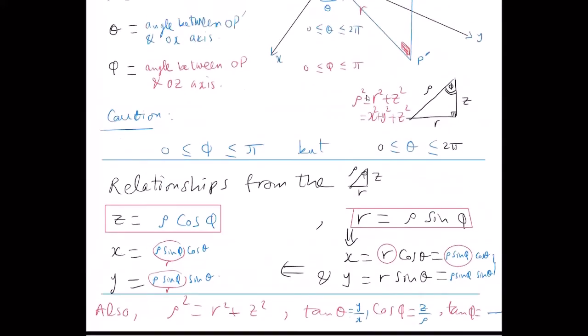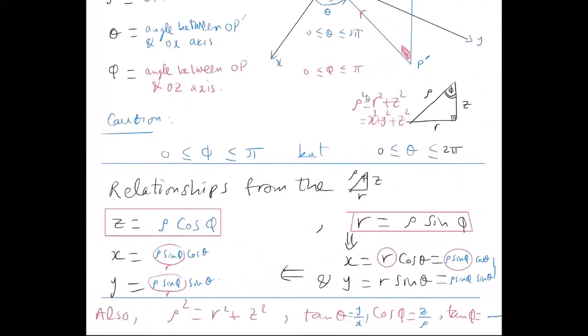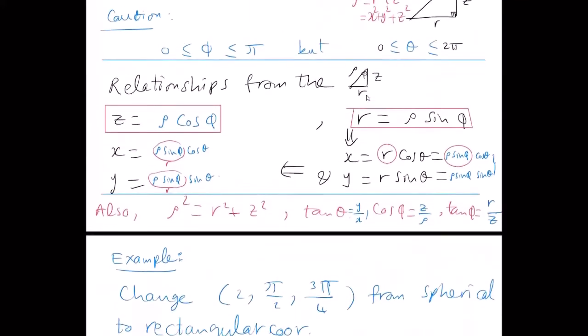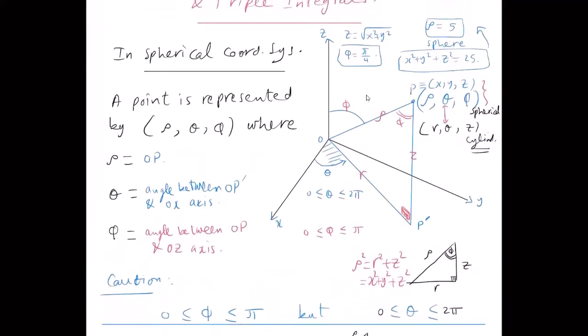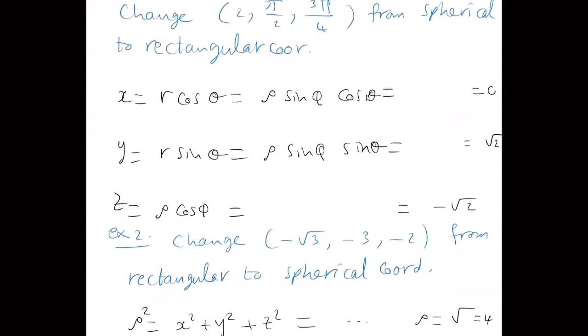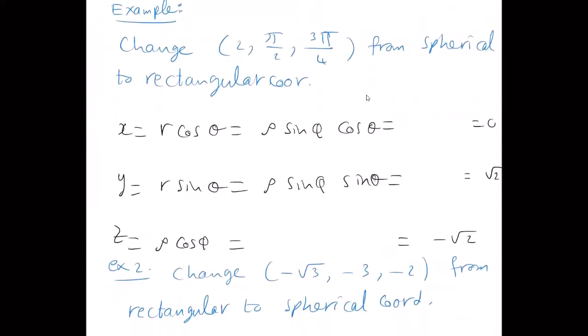Tan phi is r over z. All of these are clear from this triangle. So let's begin our first example, given some spherical coordinates to change them into rectangular coordinates.